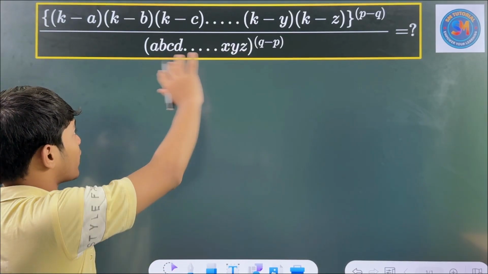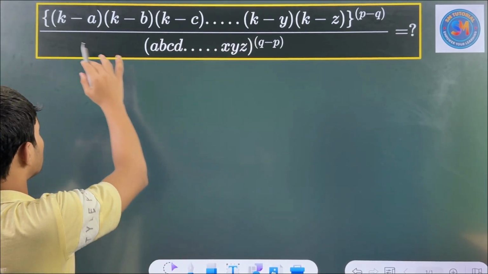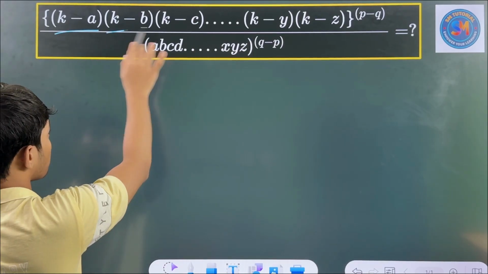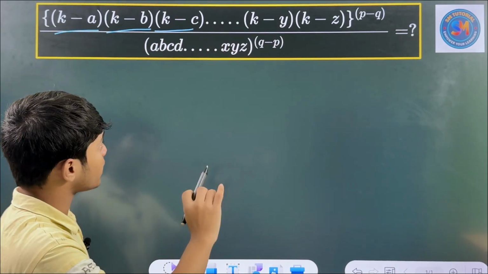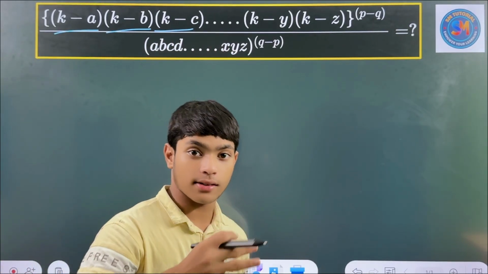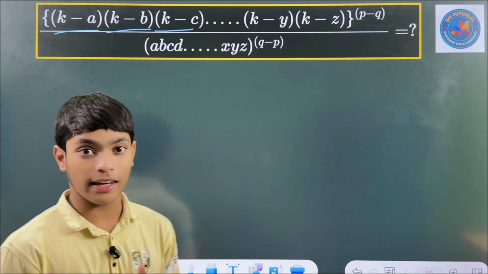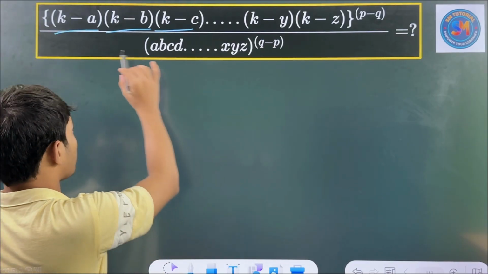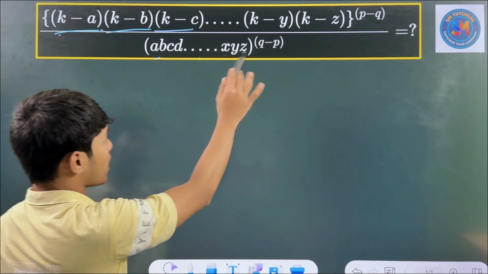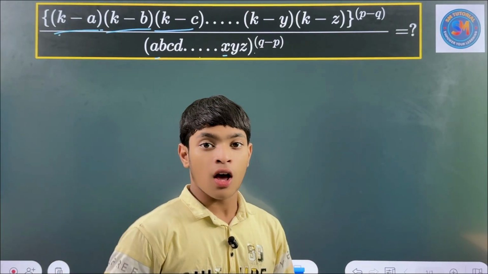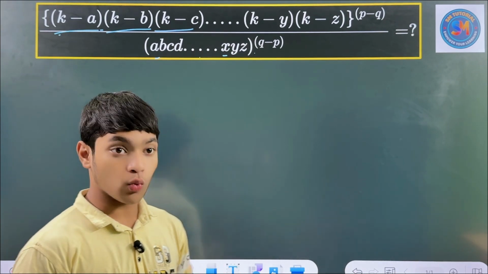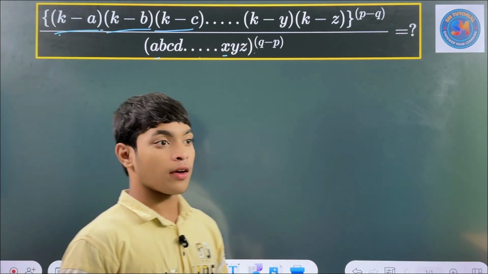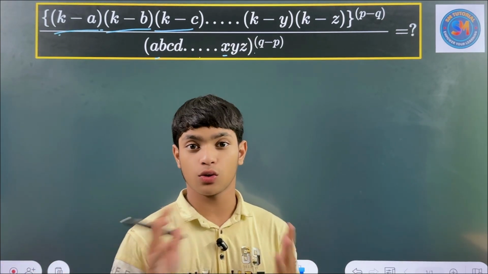Just look at the first line here. k minus a, k minus b, k minus c, and this goes on like k minus d, k minus e, k minus f. So these are just variables: k, a, b, c, x, y, z. Of course, they have values, but will you put in the value a equals 1, b equals 2?